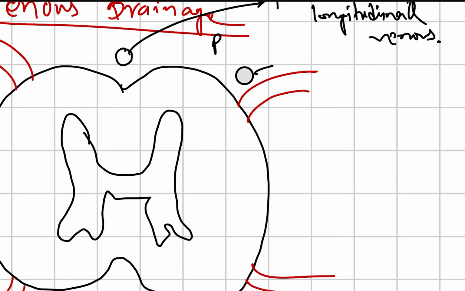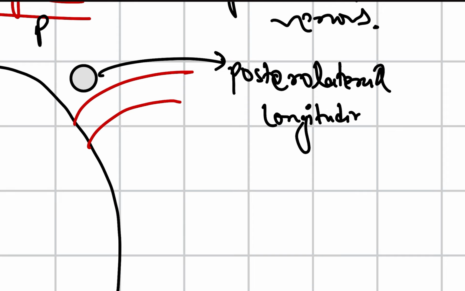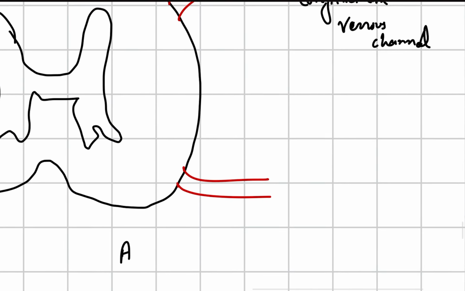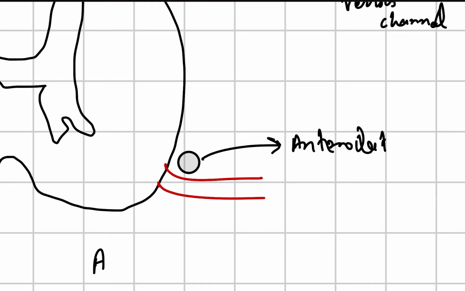It is called the posterolateral longitudinal venous canal, and it is at the root of the ventral side. There is another, known as the anterolateral venous canal, the lateral venous canal.